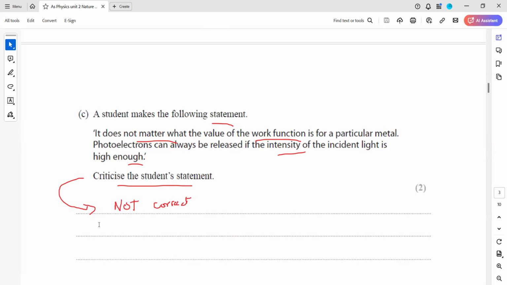Because if we increase the intensity, it will increase the number of electrons, but not the kinetic energy.